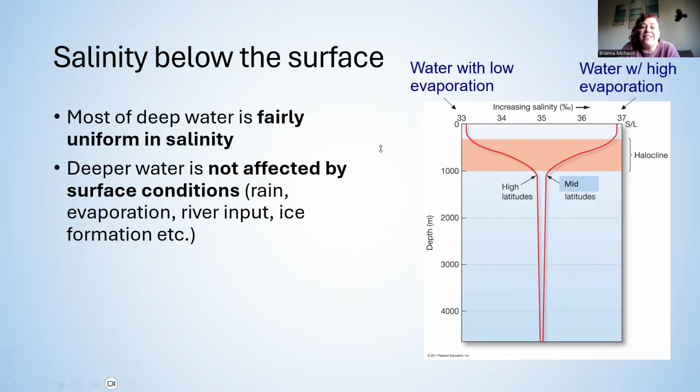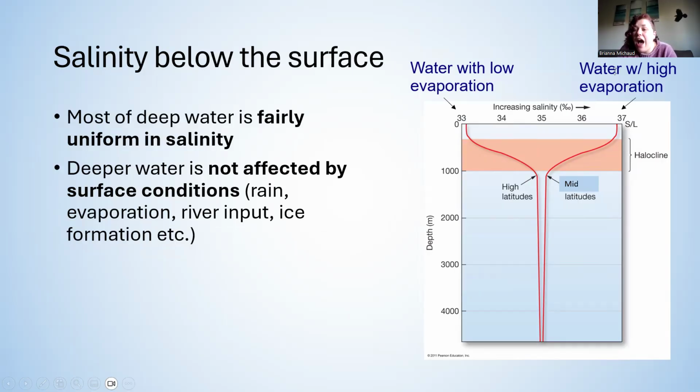So here you can see salinity and how salinity changes. Again, in the deep ocean, it's very stable. Both these lines are converging right around 35 parts per thousand. The whole deep ocean is right at about 35 parts per thousand. These two different lines represent measuring salinity in two different locations.